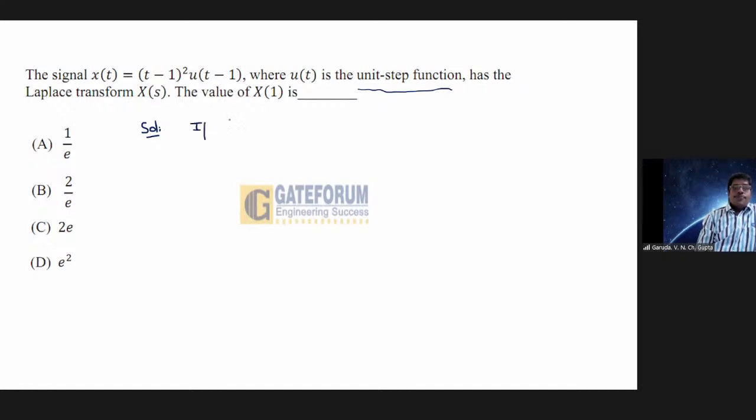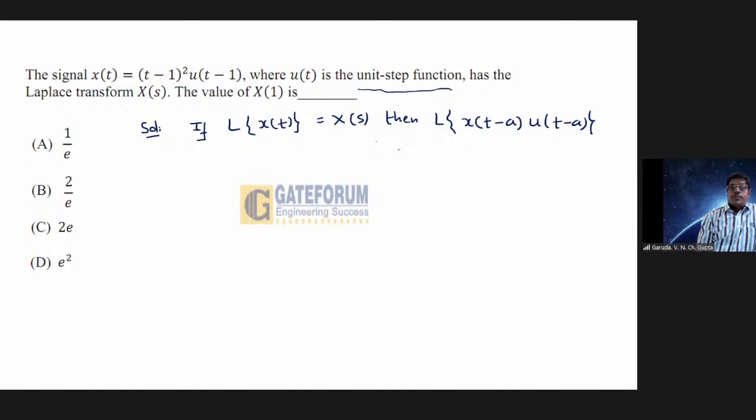If L of x(t) is equal to X(s), then L of x(t minus a) into u(t minus a), where a is a scalar, is equal to e power minus as into X(s). This is the second shifting theorem.